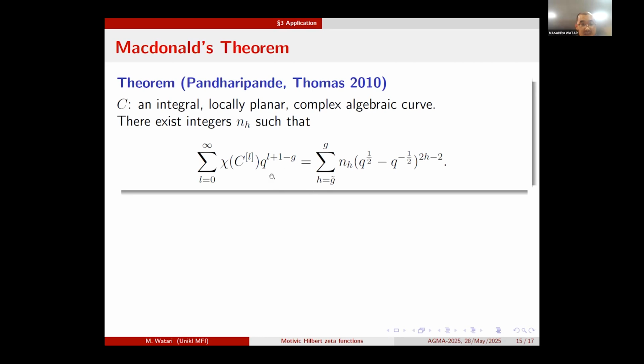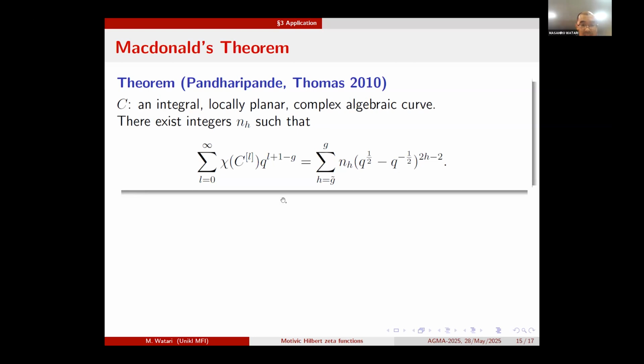Again, the left-hand side is the generating function of Euler numbers of punctual Hilbert schemes, and the right-hand side is expressed in terms of q to the 1/2 minus q to the negative 1/2. They proved this relation in the context of curve counting on Calabi-Yau threefolds.